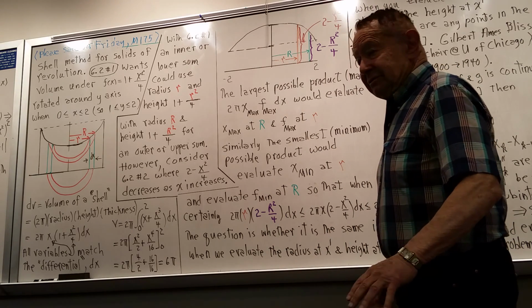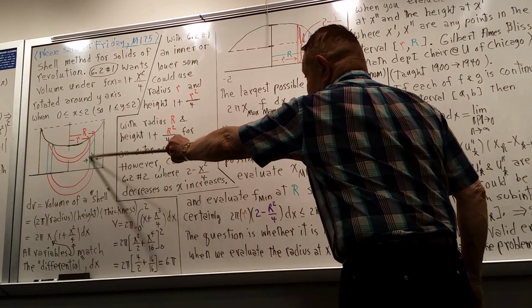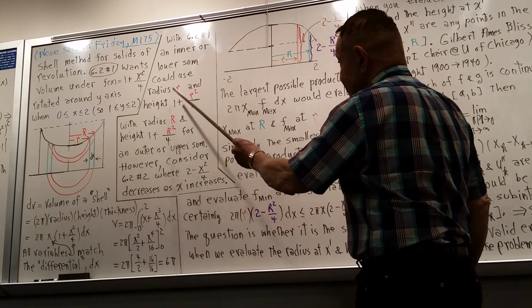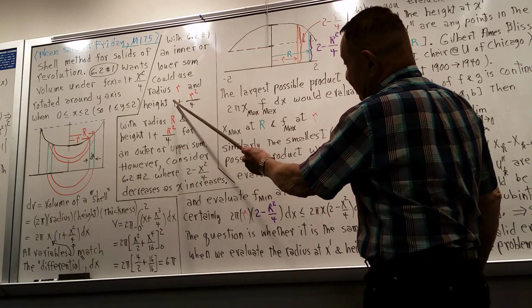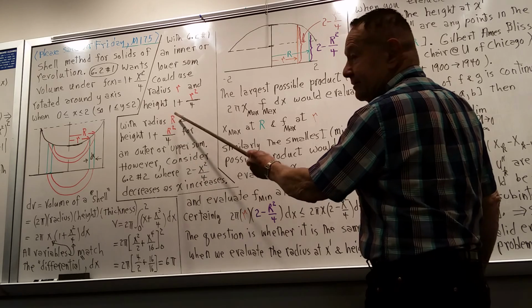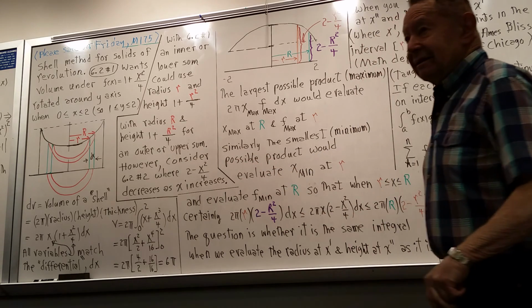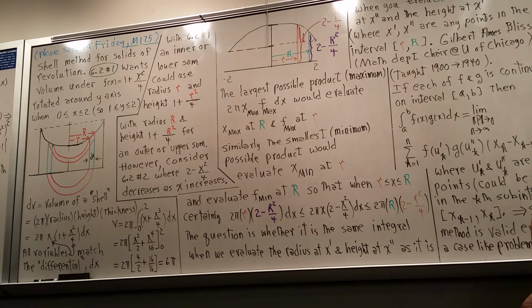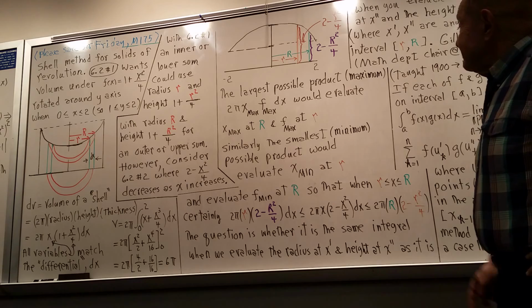And you could say then that whatever is the true volume of your shell is squeezed between 2 pi small r, the height with small r, and 2 pi big R, height with big R. Okay, it seems as though it works fine, but look at problem 2.